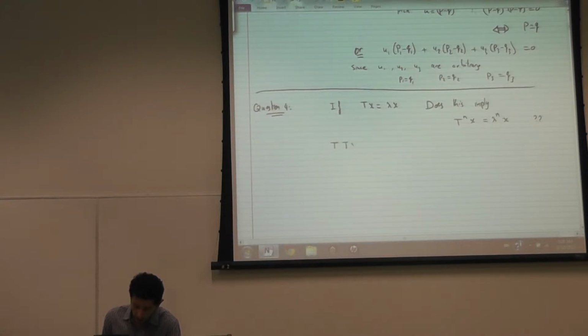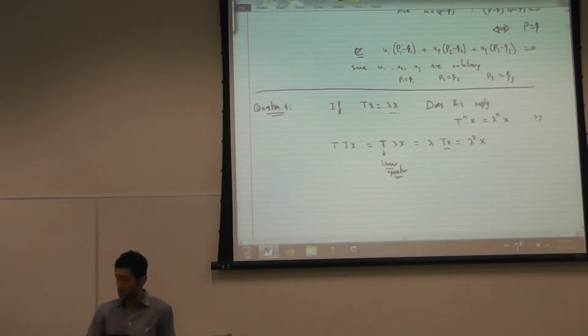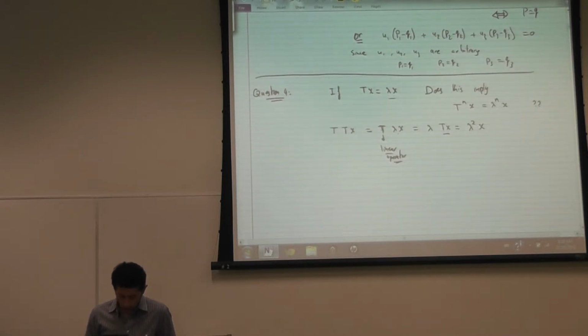T multiplied by Tx is equal to T multiplied by lambda x. Lambda is a real number, so I can take it out, because this is a linear operator. So I take the number out. But T of x I know is equal to lambda x, so this gives lambda squared x. Depending on how you want to do it, you could use induction, but you guys don't know induction.